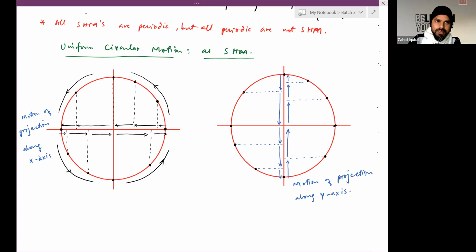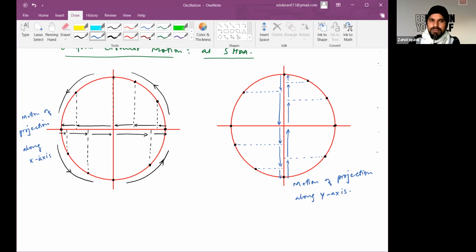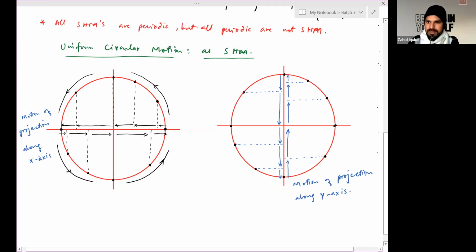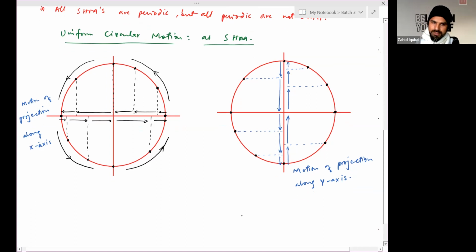So combinedly, we can say during uniform circular motion, the motion of projection of particle along any diametrical axis, that is about x-axis or y-axis, it will behave as SHM or simple harmonic motion.